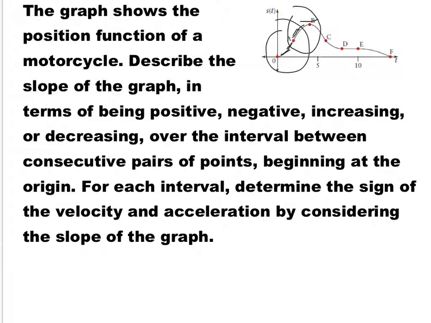Now, since the slope is positive, the velocity is positive, but now since the velocity is decreasing when it gets to a point when it's horizontal, which is 0, this means that the acceleration has to be negative to work against the velocity.